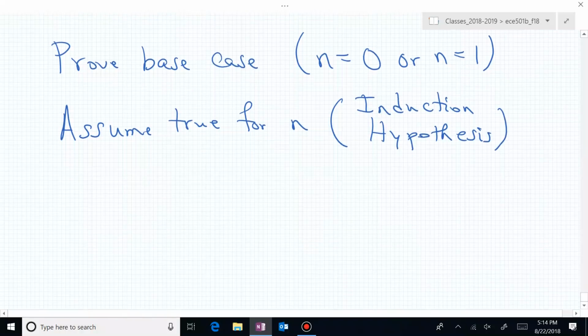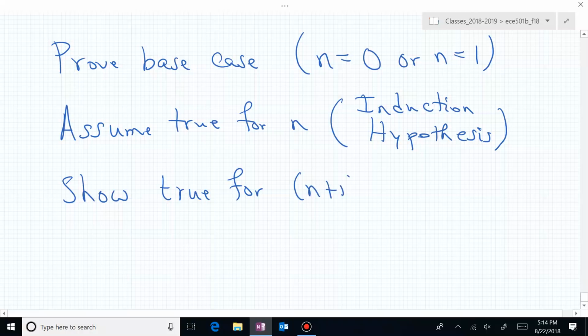And we show that it's true for the n plus 1 case, using that it's true for n.